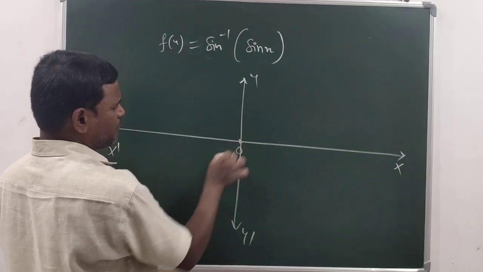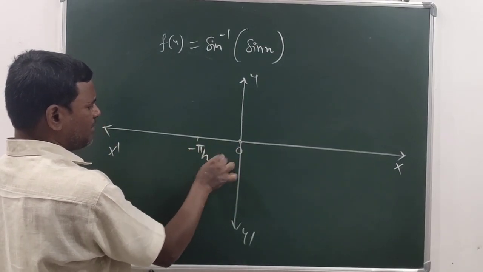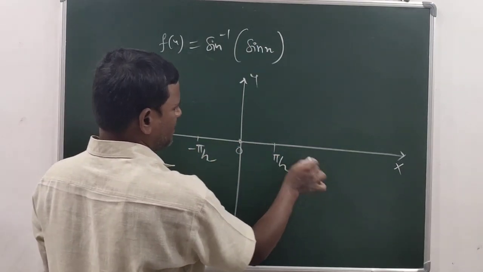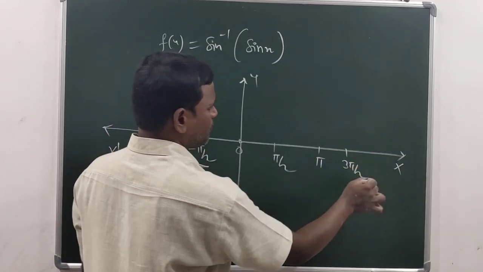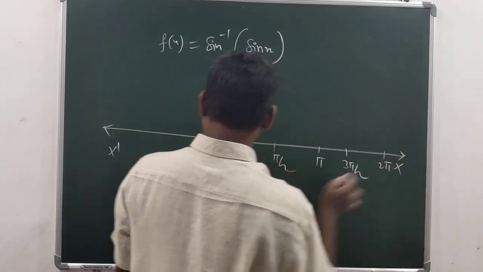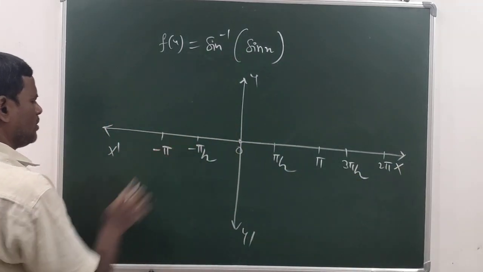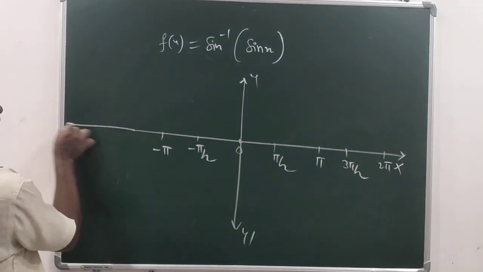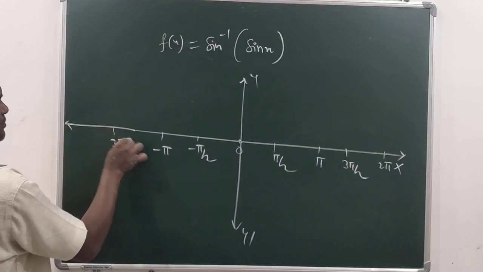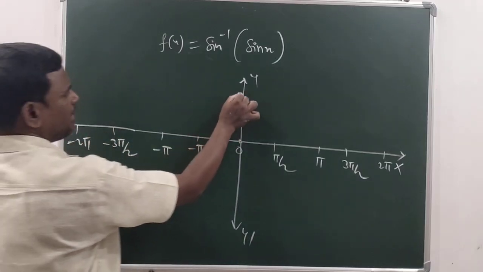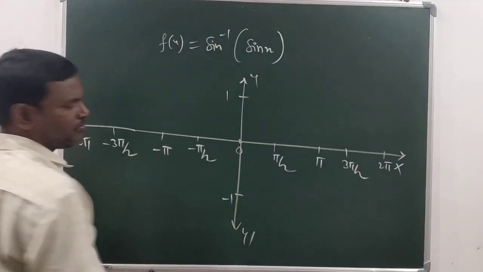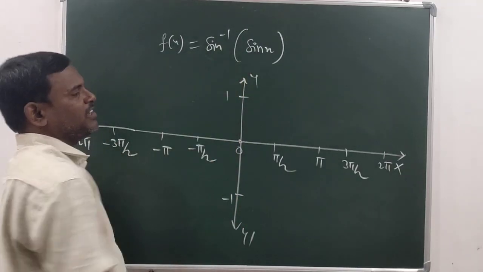This is the origin. So this is minus 90, this is plus 90. Here it is pi, here it is 3 pi by 2, then 2 pi and so on, minus 2 pi. Here it is 1, here it is minus 1. You know the graph of this periodic function.